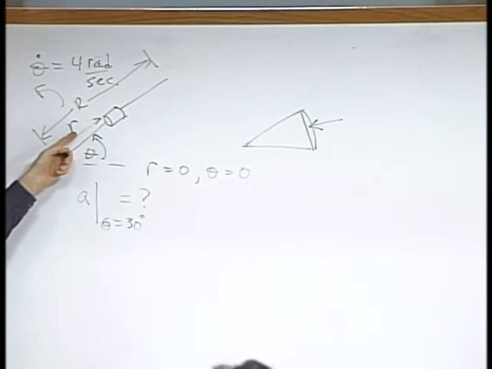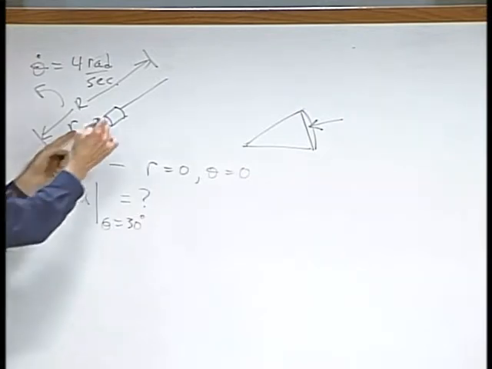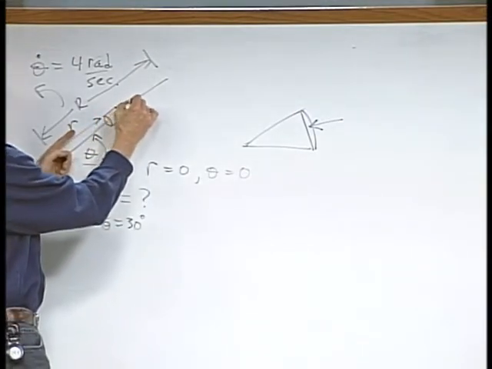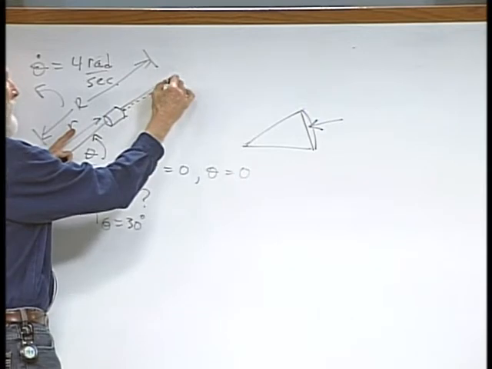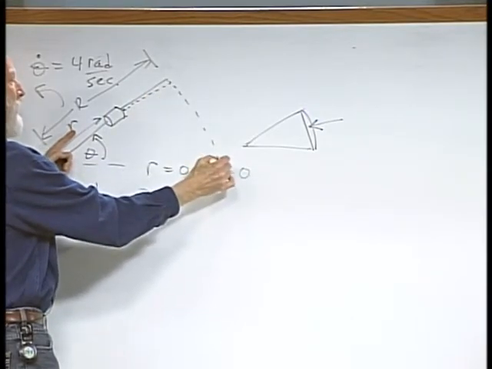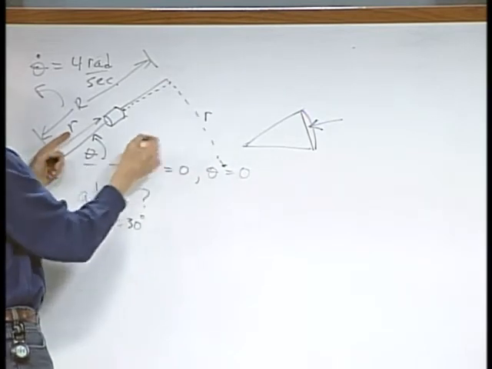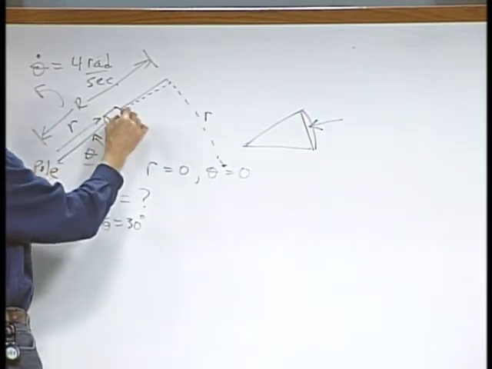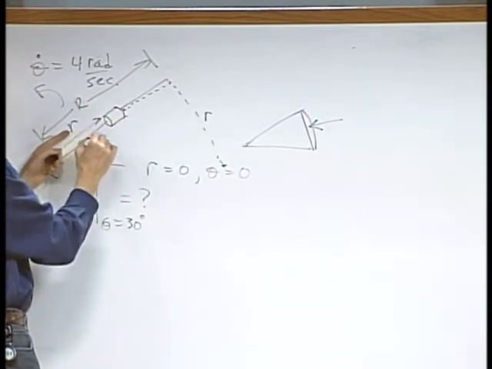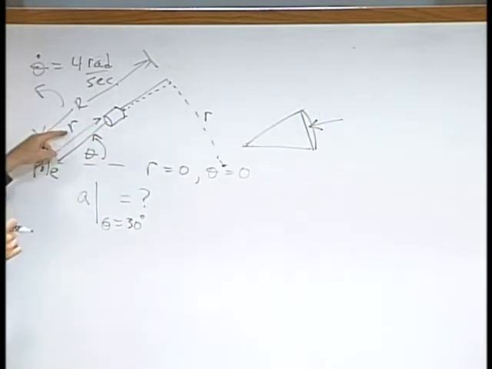Yes, because the cord is hooked onto the slug, and it goes up here and then out and down to its fixed point down over here. So we pulled little r out of there.